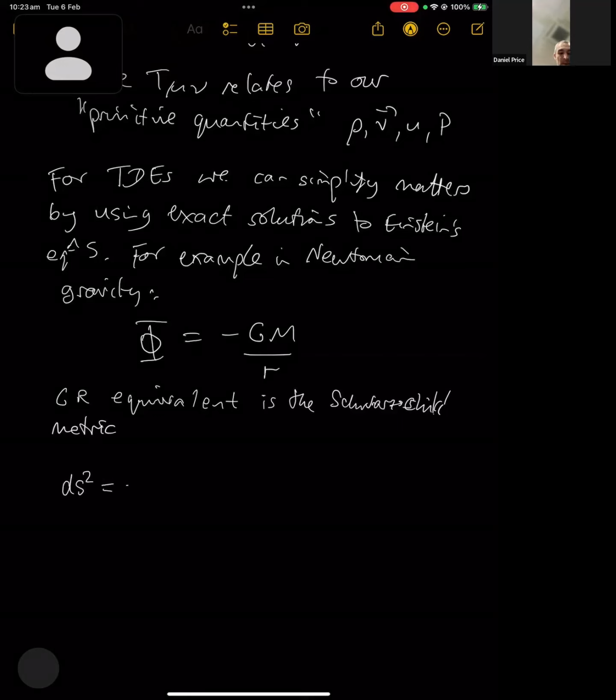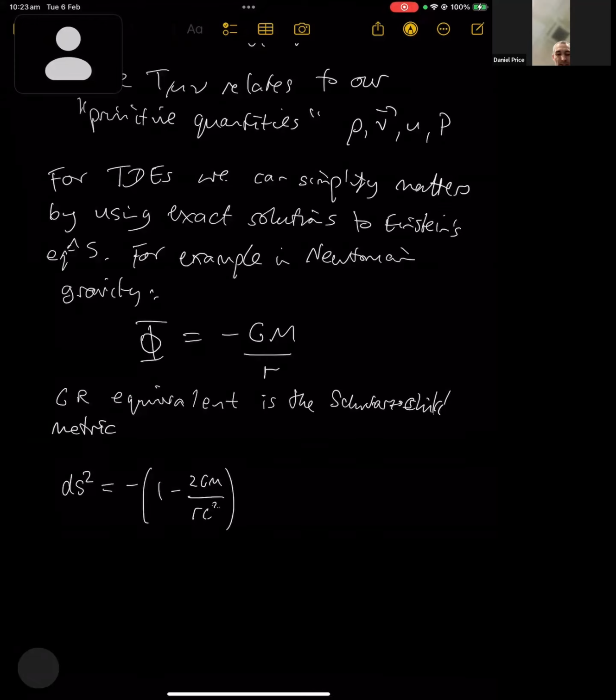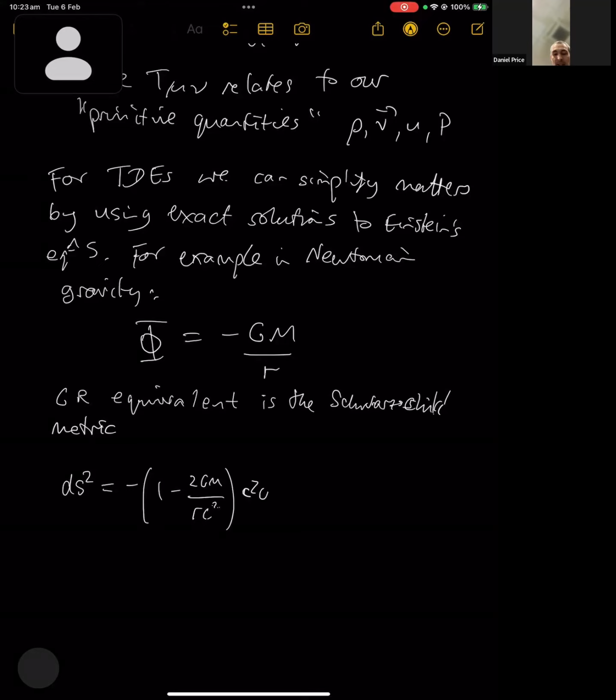Okay, so the simplest solution to Einstein equations for a point mass is this. So I'll keep the c squareds in there just for a second. But in general, we can assume that c is 1 in GR, and that just means our velocity is always in units of the speed of light. And dr squared over 1 minus 2GM on rc squared, plus r squared d theta squared, plus sine squared theta d phi squared, in brackets.